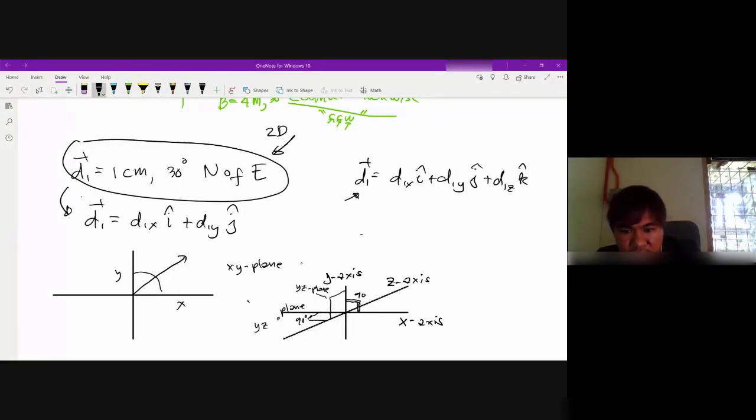This one is XY, right? This is XY. And this one should be the XZ plane.